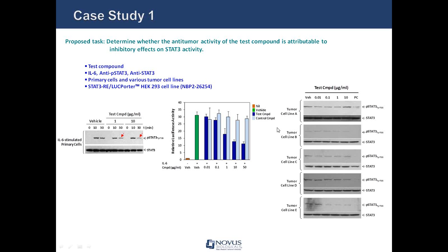Then we treated with the test compound at different concentrations, and we found that the test compound suppresses STAT3 tyrosine phosphorylation and specifically affects the phosphorylation of STAT3 in several tumor cell lines.